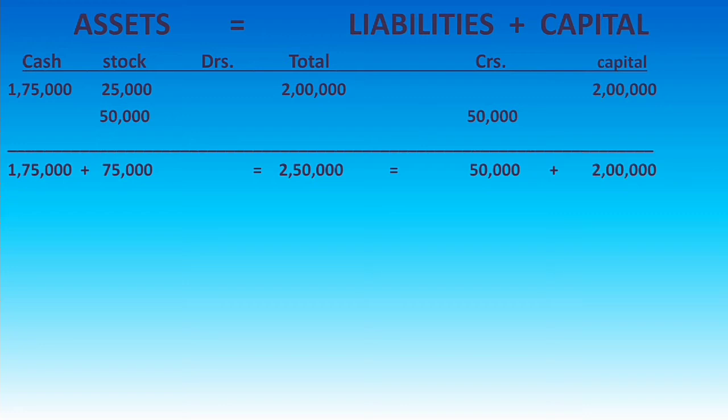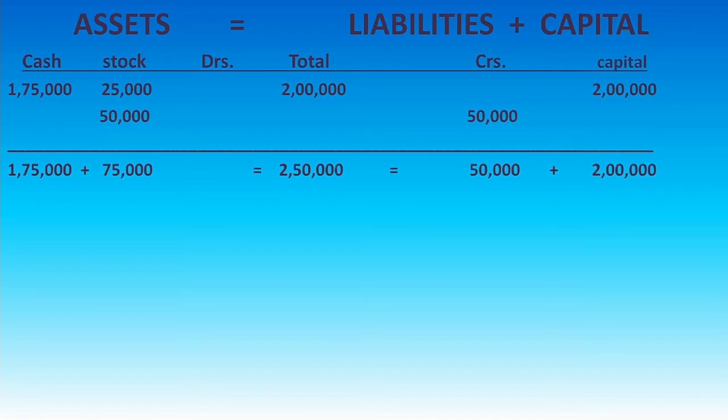Now the next one. Cash paid to Rohit in full settlement 48,500. Then cash balance reduced by 48,500. So we can deduct 48,500 from the cash balance, then minus 48,500 in the cash column.